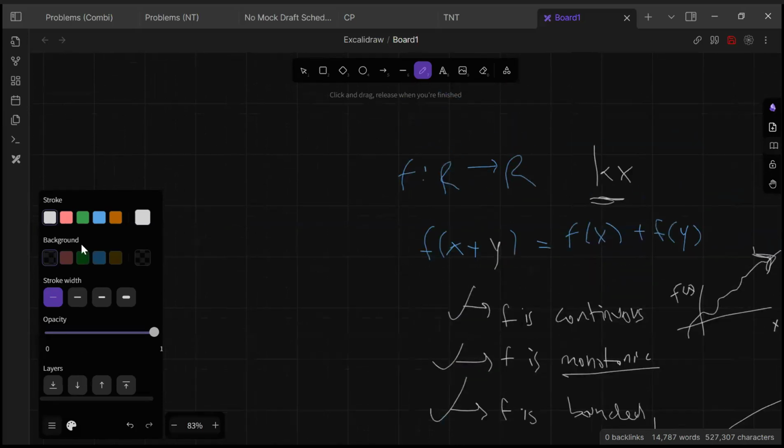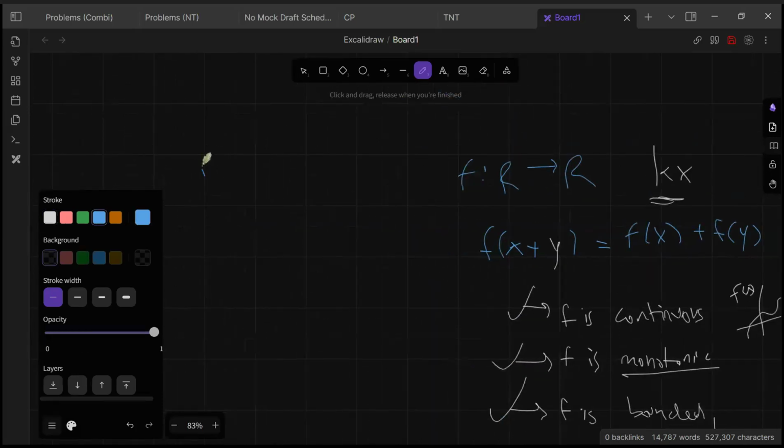By bounded, I'll give an example of what I mean. If f goes from R+ to R+, and f(x + y) = f(x) + f(y), then the values of f are always going to be greater than 0.